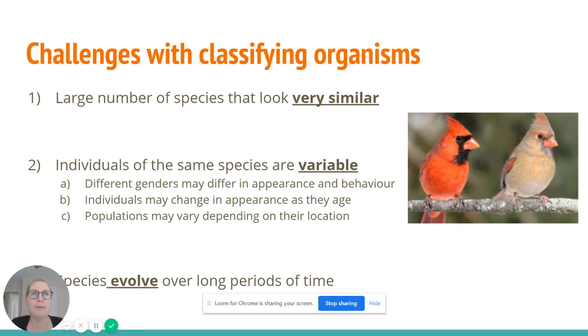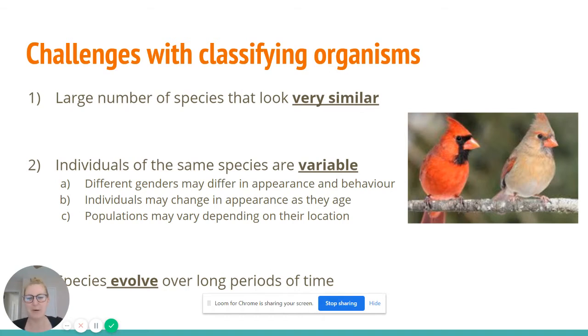What makes that difficult for classification is that I might look at these and say, these are two different species. They're obviously different from each other. However, they can interbreed. They can produce offspring. That tells us that biologically they are actually the same species, so we wouldn't want to separate them. They actually are a shared species.